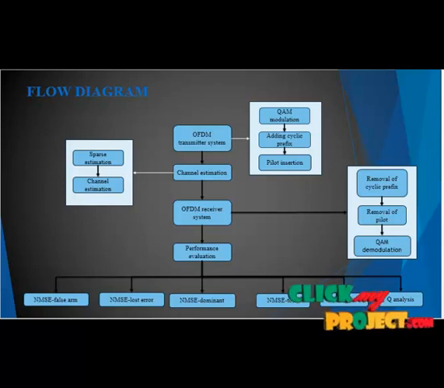Then the output of the OMP algorithm is given to channel estimation, in which the NMSE channel estimation is of 4 types, that is NMSE false alarm, NMSE lost, NMSE dominant channel component, and NMSE total. These are calculated.